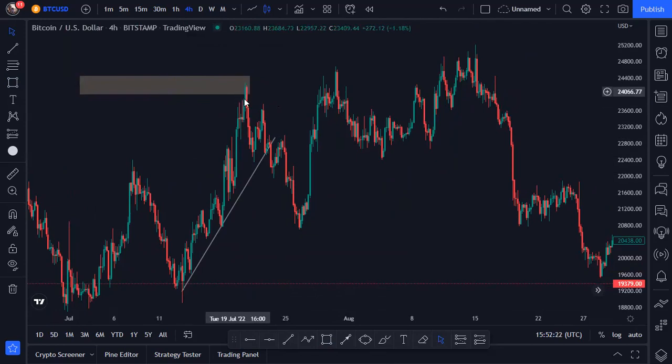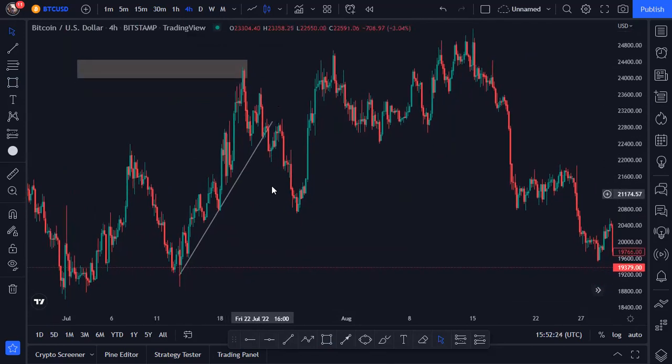A break in the momentum line is going to give you some level of relief that this impulse in this uptrend is beginning to lose its steam, it's beginning to show signs of weakness.